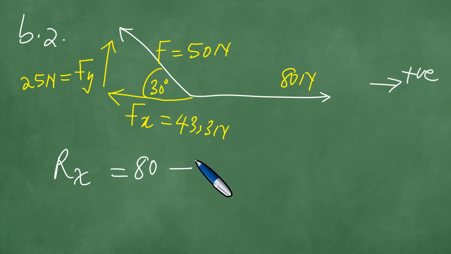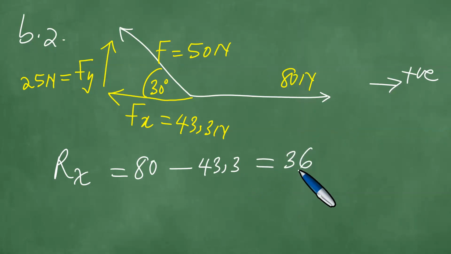So that we have 80 newtons minus 43,3, which is the same as 36,7 newtons. So we have 80 minus 43,3, which is 36,7 newtons. That is the resultant force along the x-axis, or in the x direction.